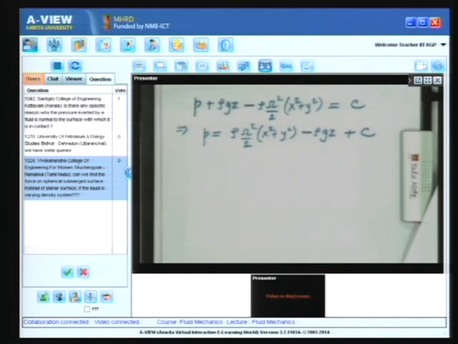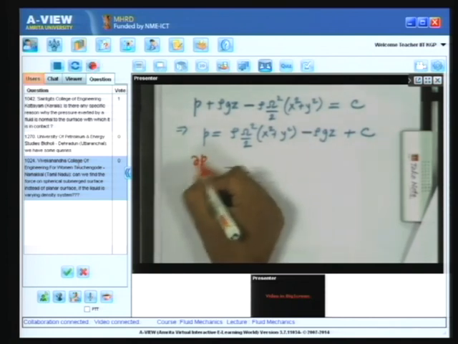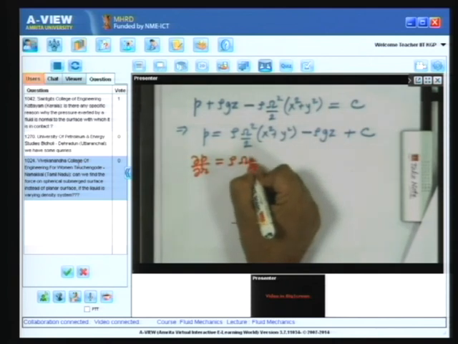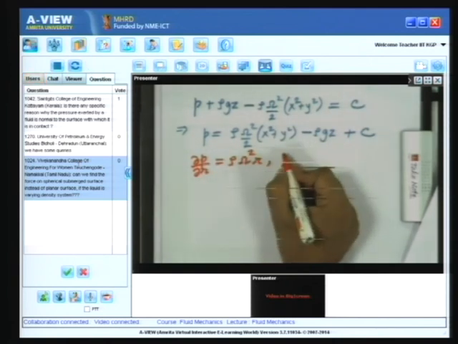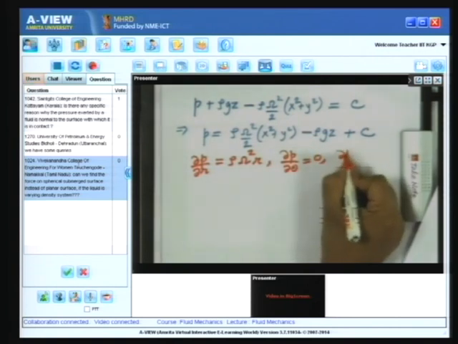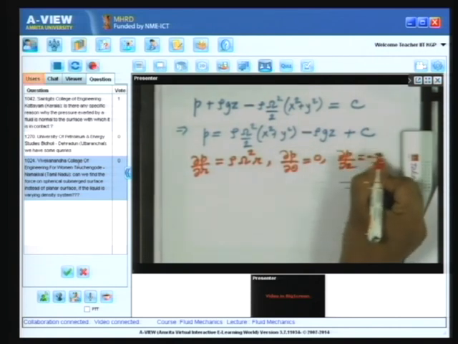Now, if you want to do it in cylindrical coordinates also, a similar thing can be done. Then you start with this equation, ∂p/∂r is rho omega squared r. ∂p/∂theta is 0 and ∂p/∂z is equal to minus rho g.